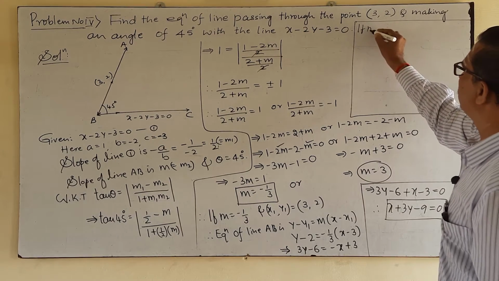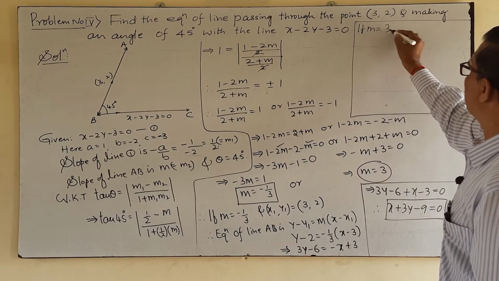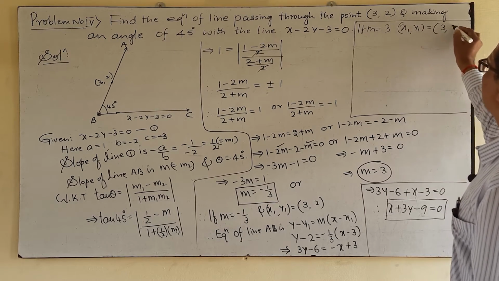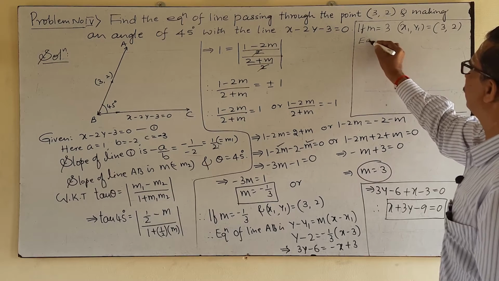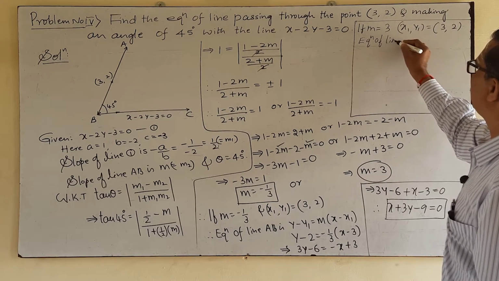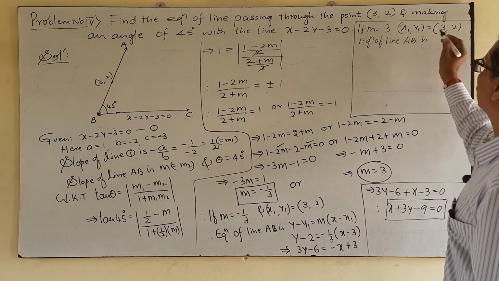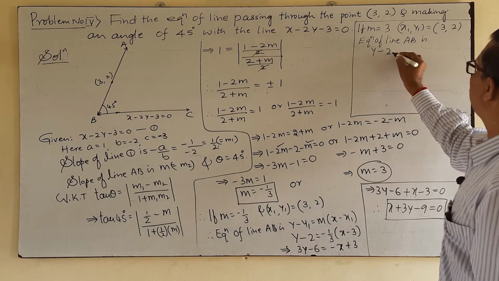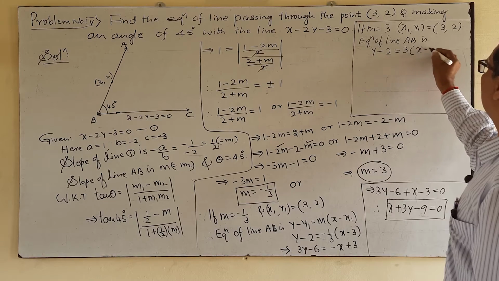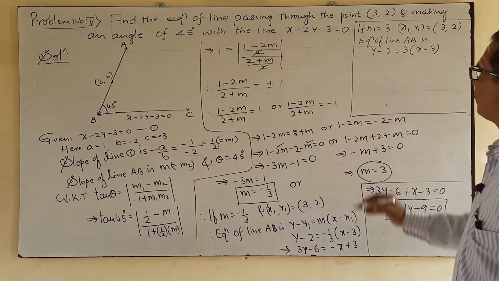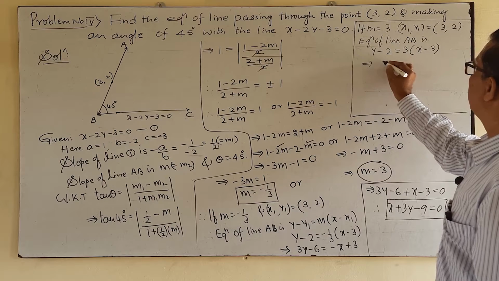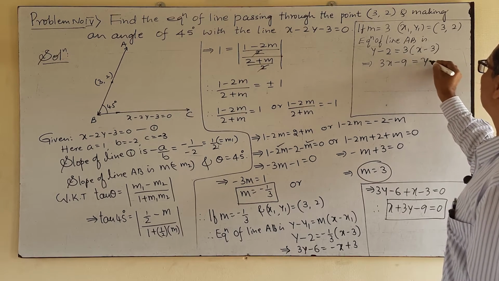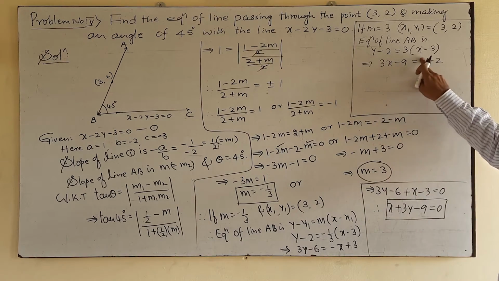If m is equal to the other value, 3, and x1 y1 is the point 3 comma 2, then equation of line AB using one point formula, y minus y1 value is 2, m value 3, x minus x1 is 3. Simplify, that is 3 into x, 3x, 3 3s are 9 is equal to y minus 2.